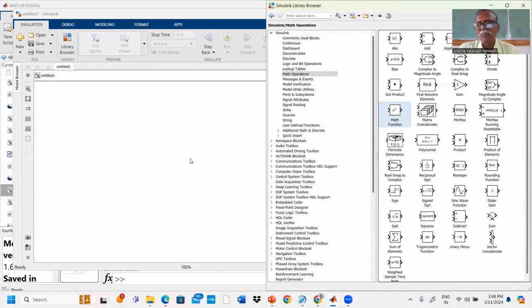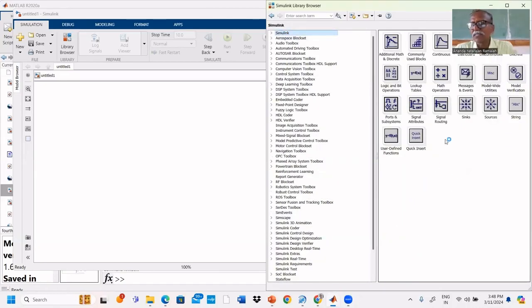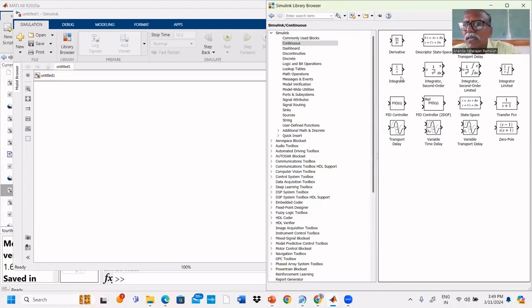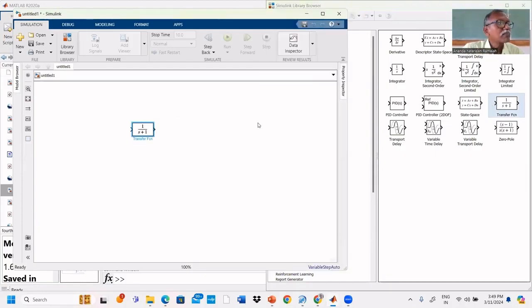You have to drag and drop these modules. You need a transfer function. For that, if you go to Sources, and then Continuous, you will get the transfer function. You can drag and drop it, that's all. So you got the transfer function.